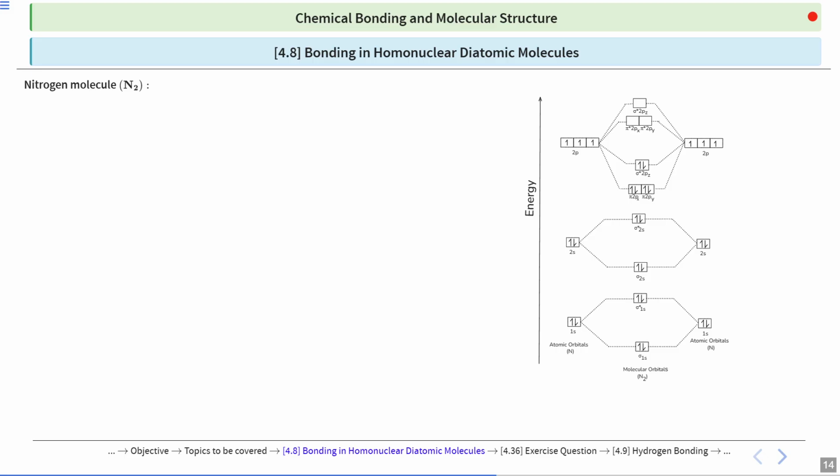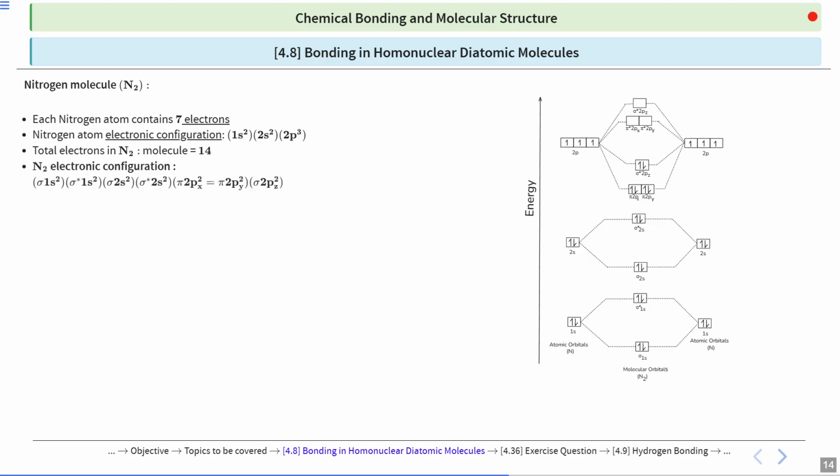Now coming on to the filling of this molecular orbital diagram, we know that nitrogen has 7 electrons, where the electronic configuration is 1s2, 2s2 and 2p3. So the total number of electrons will be 14 in our nitrogen molecule, 7 coming from each nitrogen.